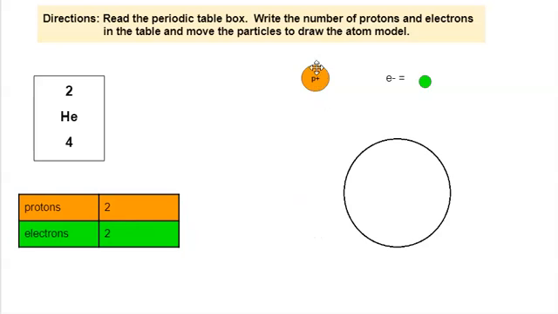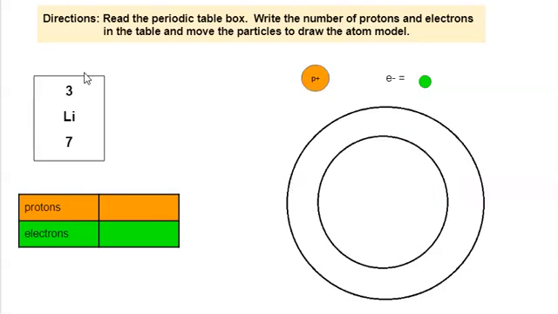In your atom model, we put 2 positive symbols in the center, and you had to copy and paste to make a second. Let me do that. There's my second proton. Remember, those are in the nucleus. And then you moved 2 electrons over here for your orbital, which, remember, is also an energy level or shell. Okay, let's go to your next problem.